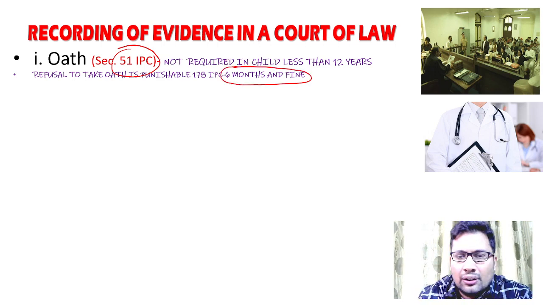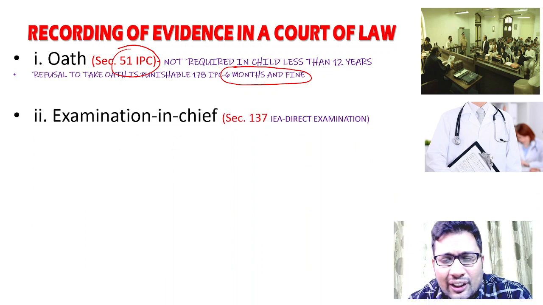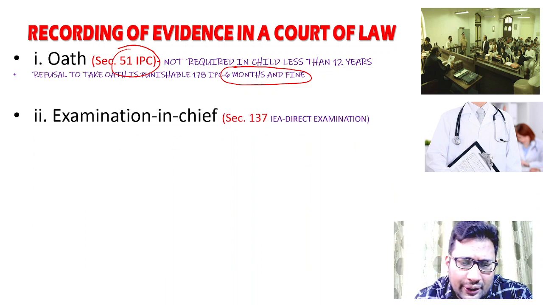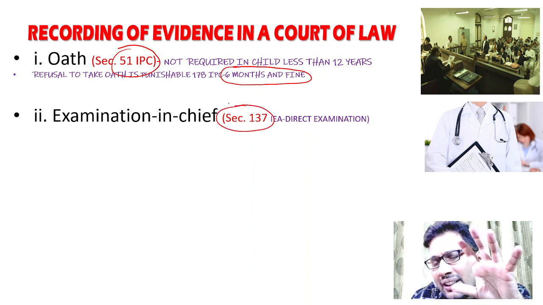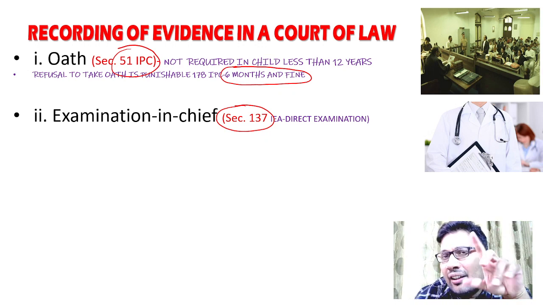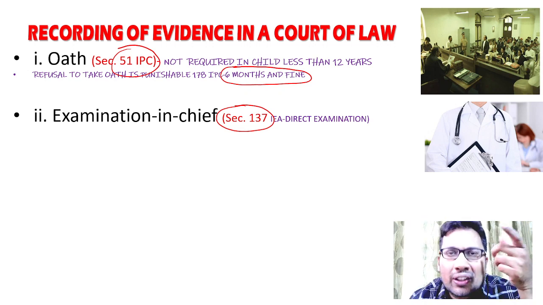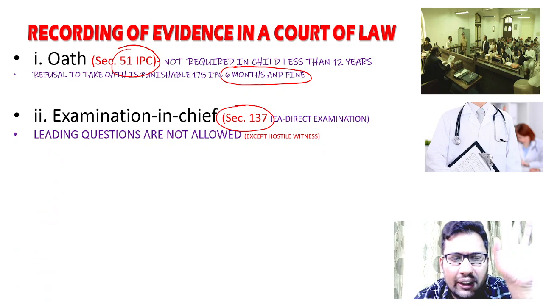Second, examination in chief, also known as direct examination. It comes under section 137, where leading questions are not allowed. But leading questions can be allowed when the judge is satisfied that the witness is hostile. Hostile witness is also known as U-turn witness.